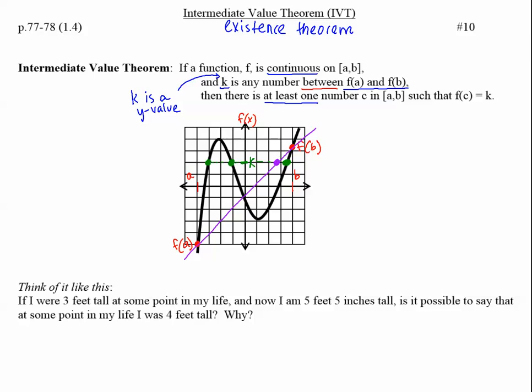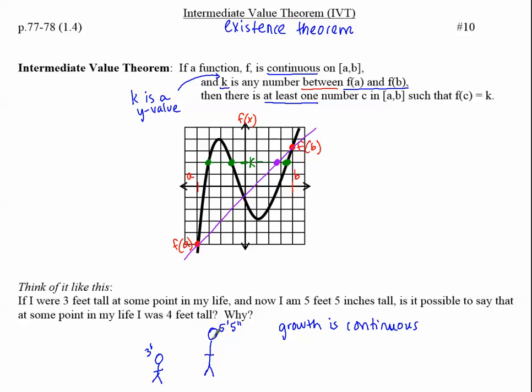Here's another way to think about it. If I were 3 feet tall at some point in my life, and now I'm 5 feet 5 inches tall, is it possible to say that at some point in my life I was 4 feet tall? Why? Well, here's a little visual. I'm 3 feet here, and here I'm 5 feet 5 inches. Growth is a continuous function. We cannot skip from 3 feet to 5 feet. It just is not possible. At some point in between, I don't know when.